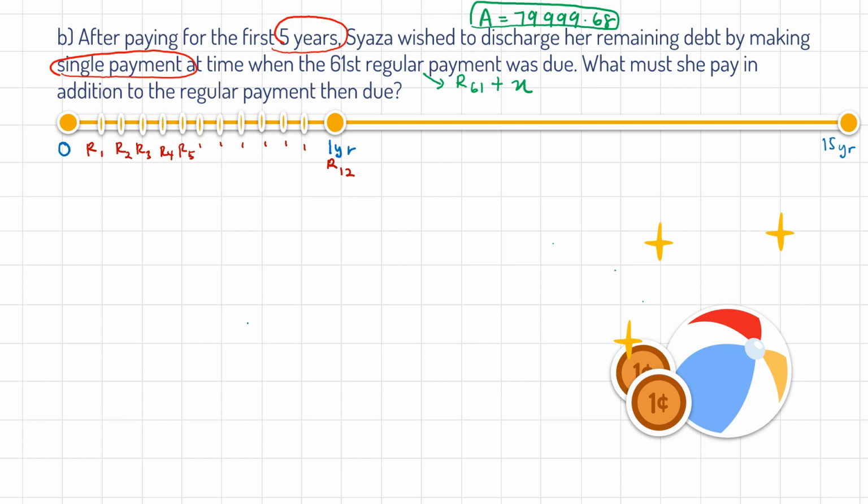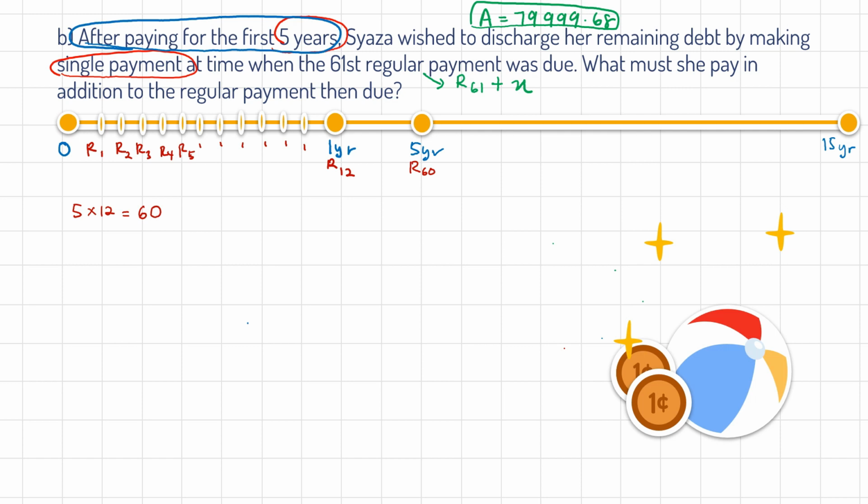And then, to make it simple, here we have 5 years. Since the first statement says that after paying the first 5 years, so at the 5 years, we will have R60. Why R60? Because 5 times 12 will give us 60.